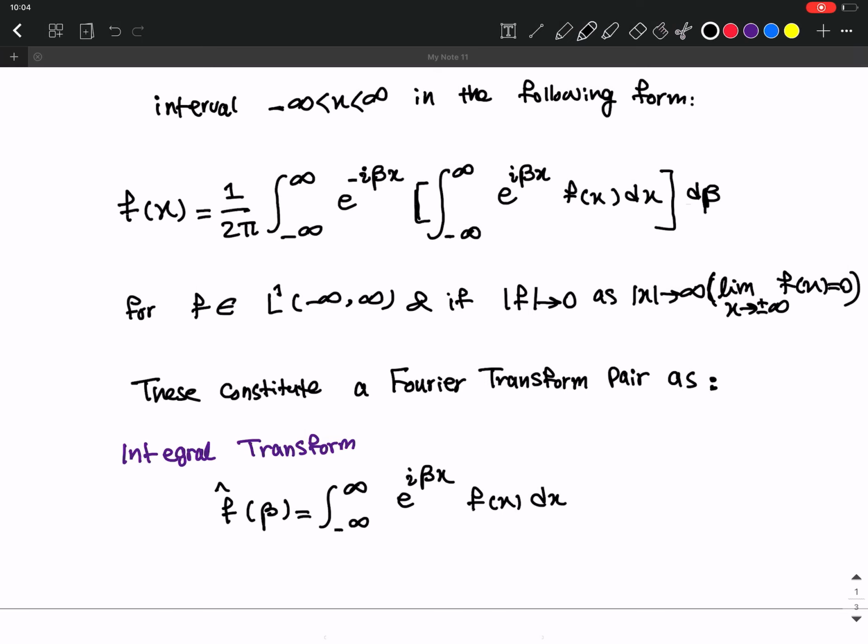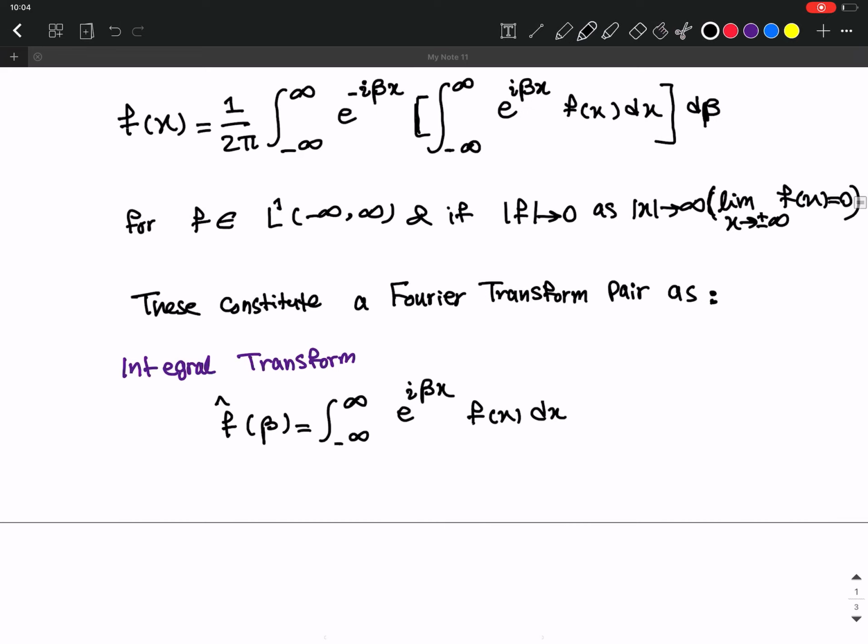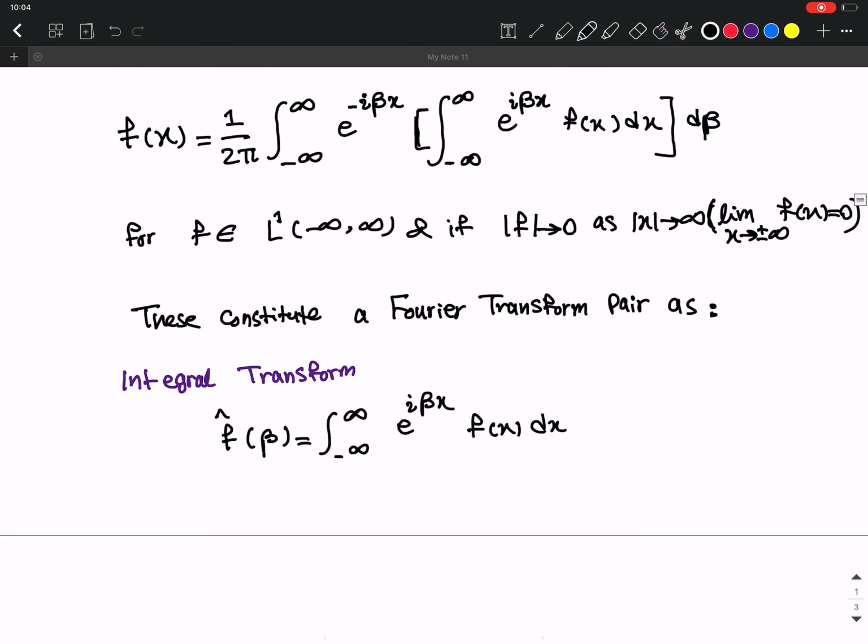This one we show also in the operator form. We show this as this. So I am showing f hat equals to, and this is the Fourier transform.